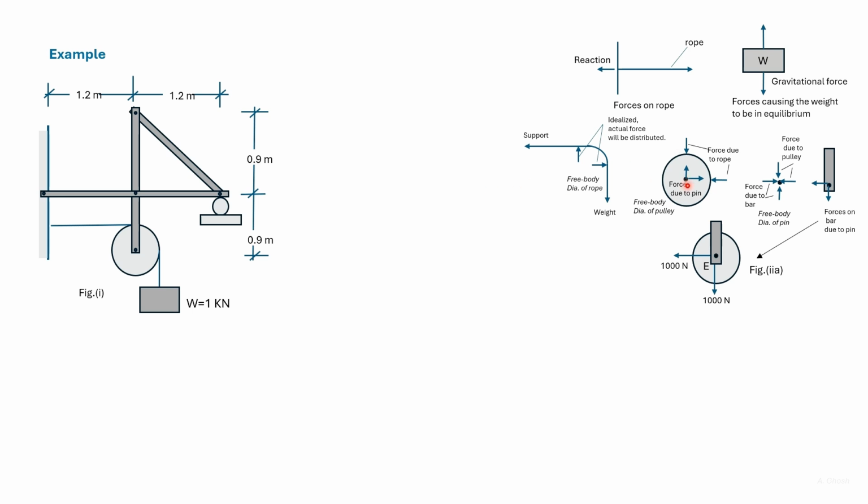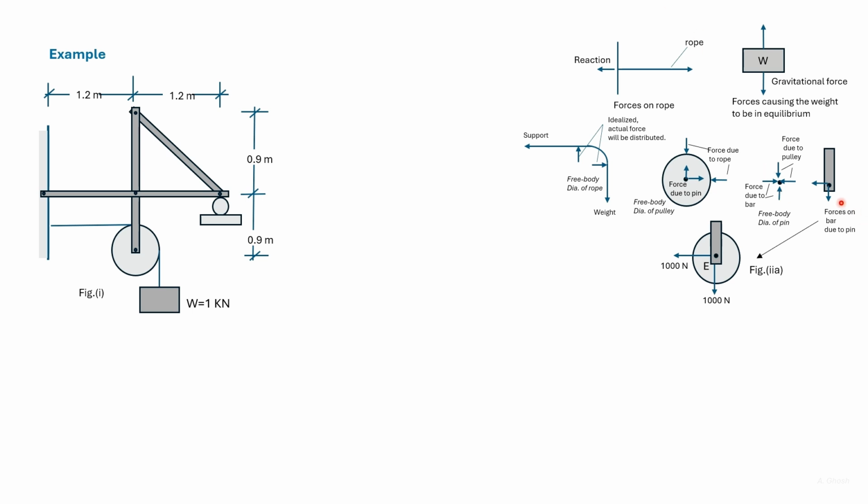We look at the equilibrium of the pulley. The pulley is subjected to forces due to the rope and due to the pin. The pin is attached to the pulley and the bar here. So it is subjected to forces due to the pulley and due to the bar, which keeps the pin in equilibrium.